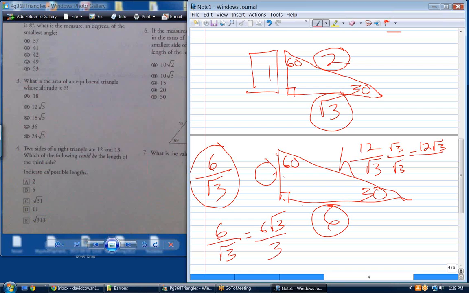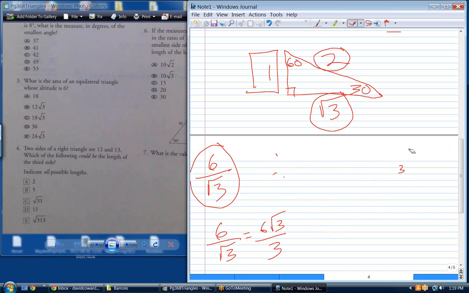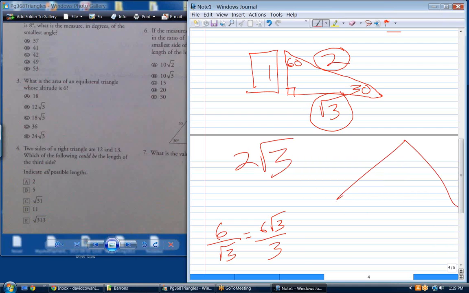So that gives me that. What does that simplify to? 2 square root 3. And so 2 square root 3 is this measurement here. Right?